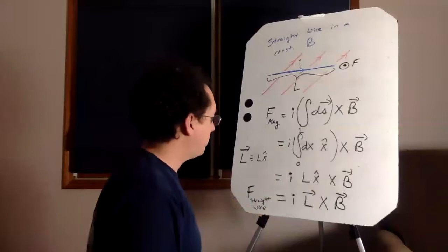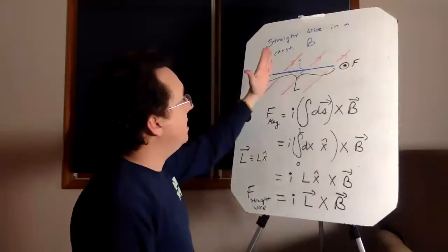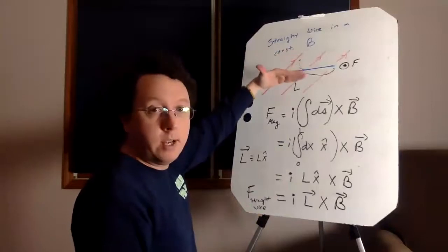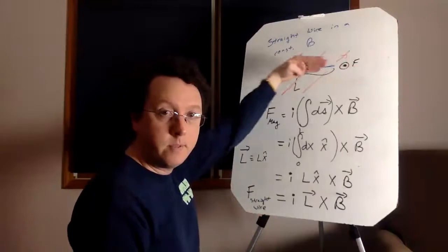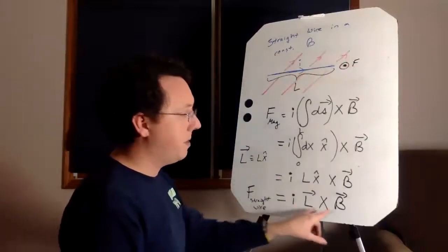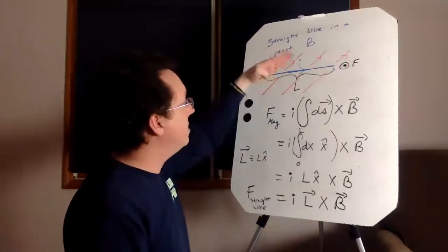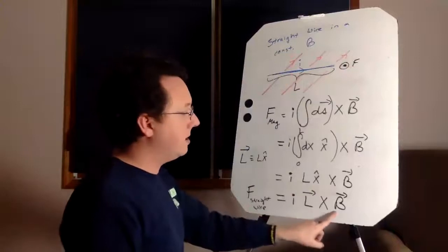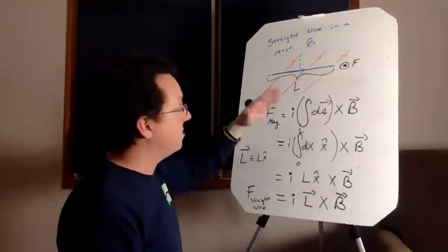All right, so there's that. Notice if the magnetic field and the current were in the same direction, so if they're parallel, well, the cross product between parallel vectors is 0, so there'd be no force. So the force you get depends upon both the strength of the magnetic field, the length of the wire, the strength of the current, and also the angle.